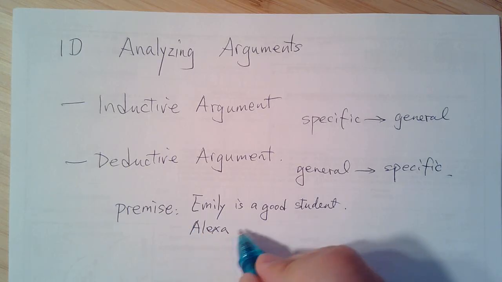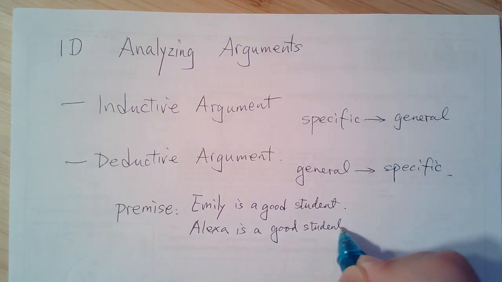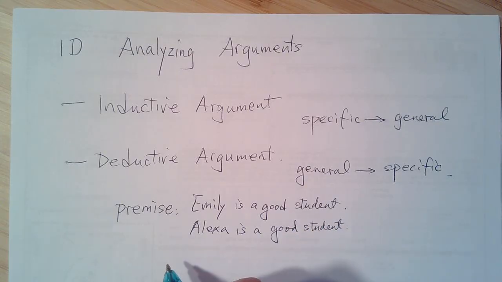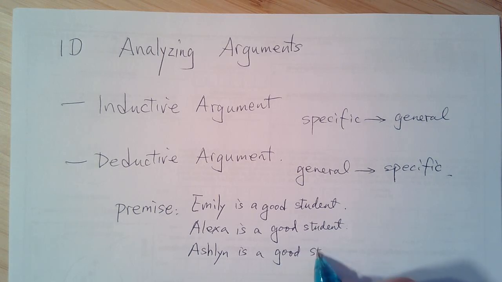Alexa is a good student. Did you notice that all those are specific cases, right? And Ashlyn is a good student. Those are three students in my class, and of course, I have more than 3 students.